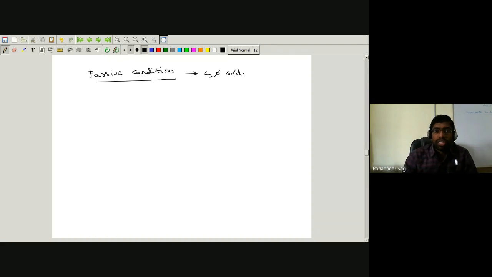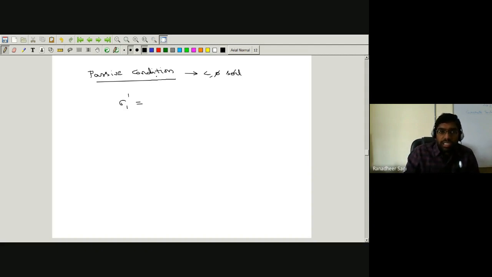How do we derive the expression for passive earth pressure for c-phi soil? I'm not deriving the same expressions again and again, so I'll quickly go back to my earlier classes, where I represented an expression like this. I'm using the same fundamental expression.